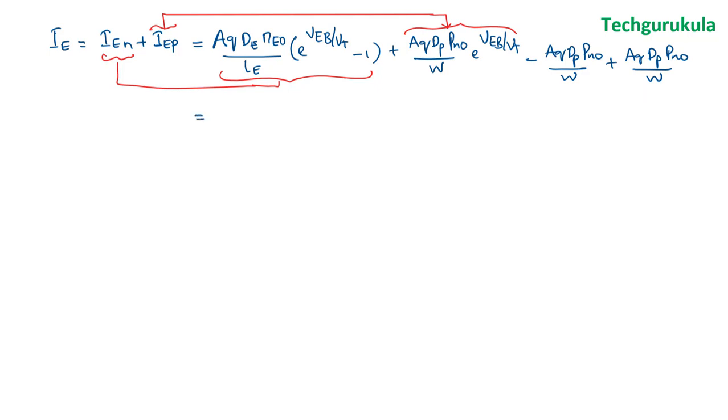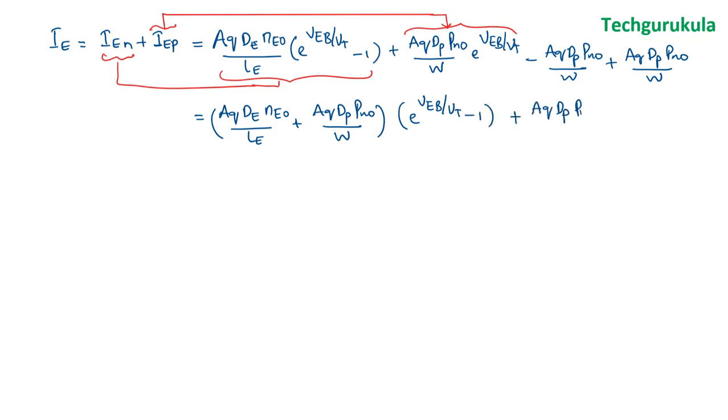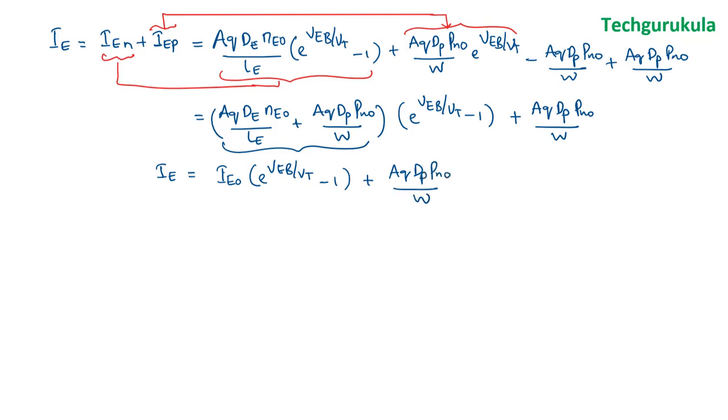So this can be reduced to AQDE NE0 over LE plus AQDP Pn0 over the depletion width times e power VEB over VT minus 1 plus AQDP Pn0 over W. So we can say IE is equal to the emitter junction leakage current, that is IE0 times e power VEB over VT minus 1 plus AQDP Pn0 over W. In fact, this equation will be used when we discuss Ebers-Moll model in the next video.